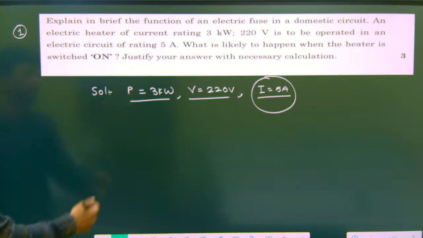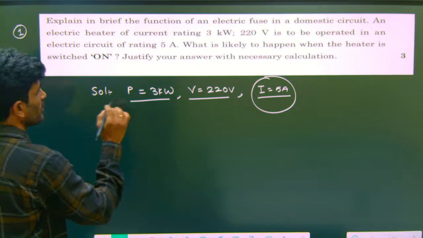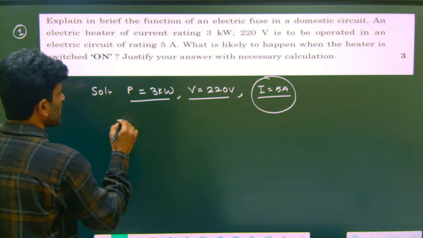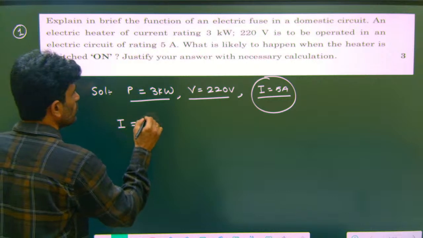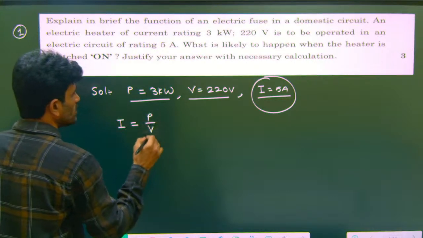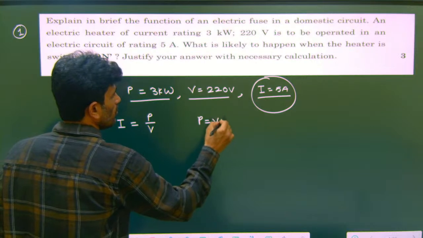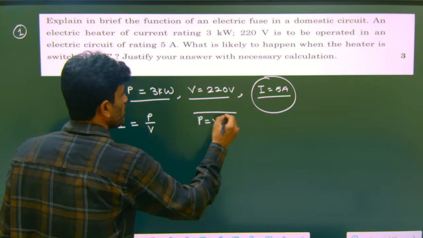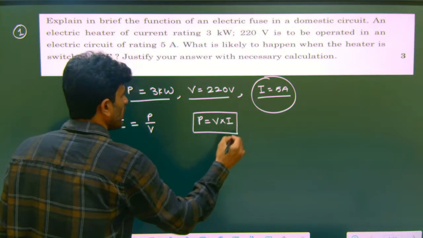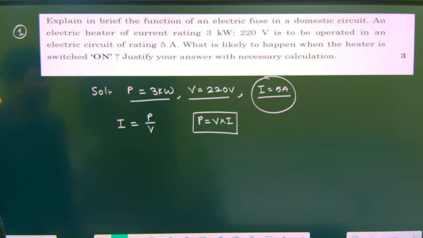But what amount of current we get here, based on that we decide what happens when the switch is on. Then what is the current formula? Current is equal to power by voltage. Why? Because we know power is equal to potential difference into current, V into I. By using this formula, we can find out the amount of current that can be allowed.